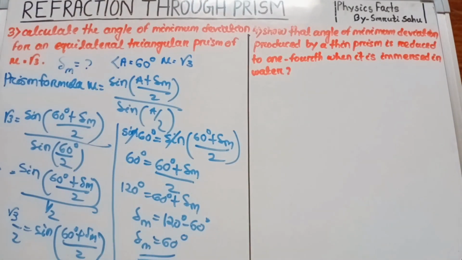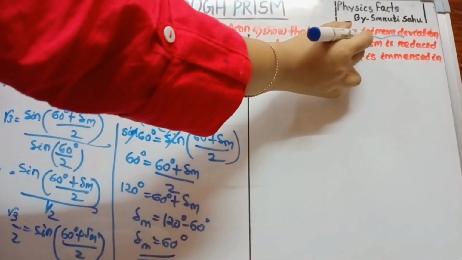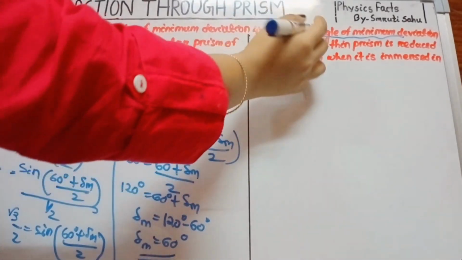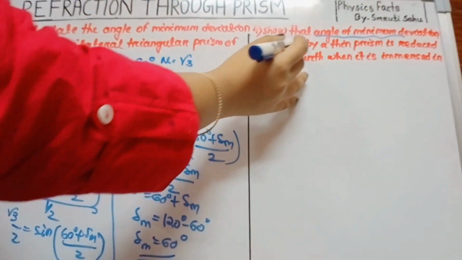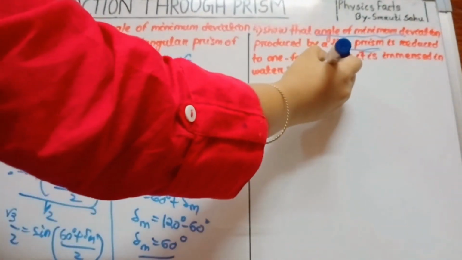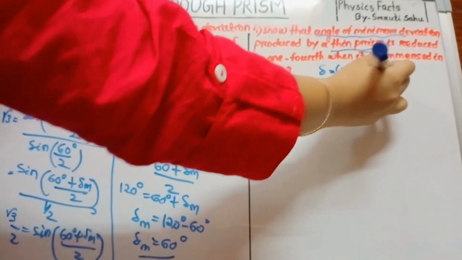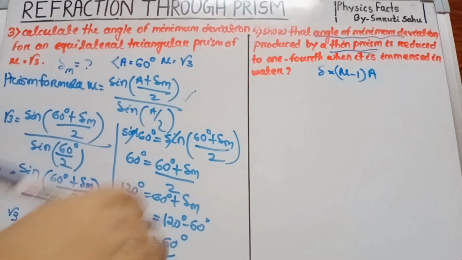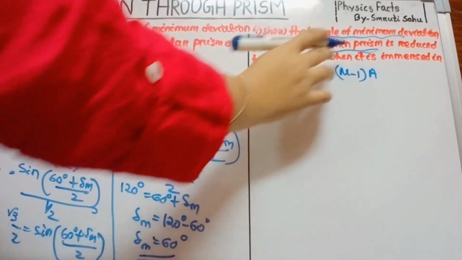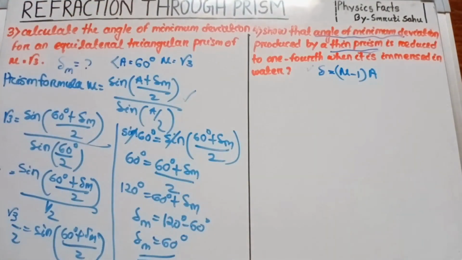You might think that since the question mentions the angle of minimum deviation, we will use the earlier formula. No. Here it is the deviation produced by a thin prism, that means the formula is delta equals (mu minus 1) into A. You clear, students? The deviation produced by the thin prism, so the formula used is delta equals (mu minus 1) into A.